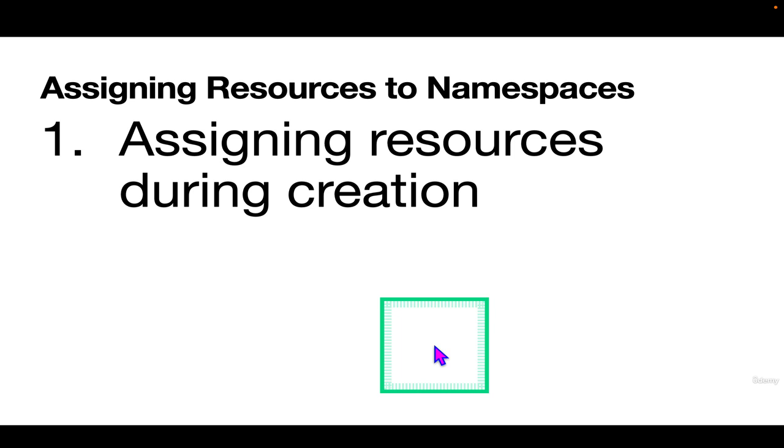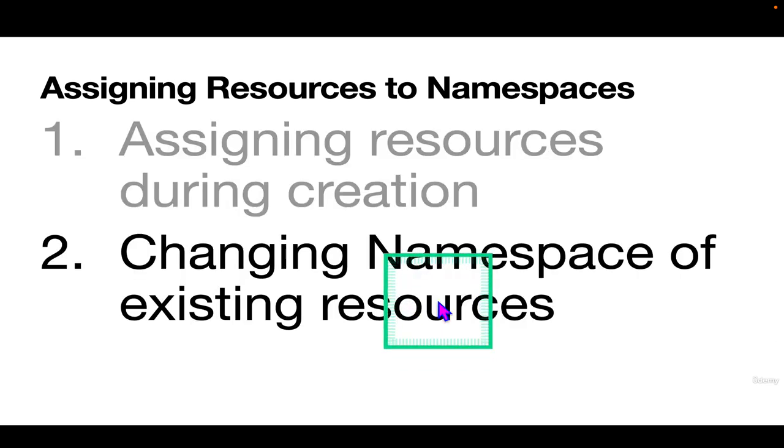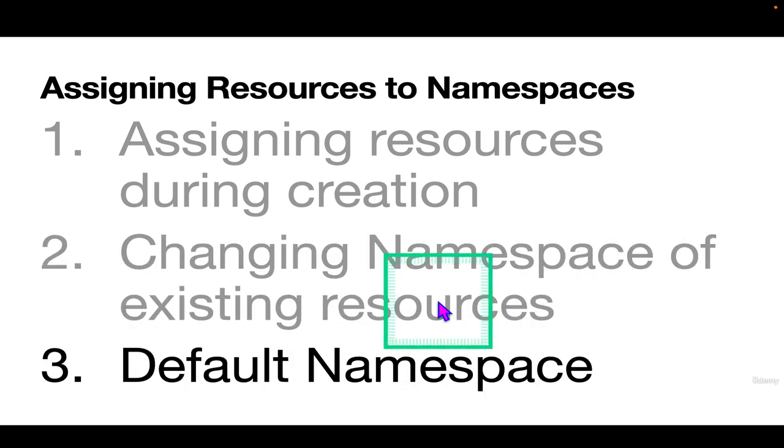Changing namespaces of existing resources: to change the namespace of an existing resource, you must delete the resource and recreate it with the desired namespace. There is no direct way to change a resource's namespace. Default namespace: if you don't specify a namespace during resource creation, Kubernetes will use the default.